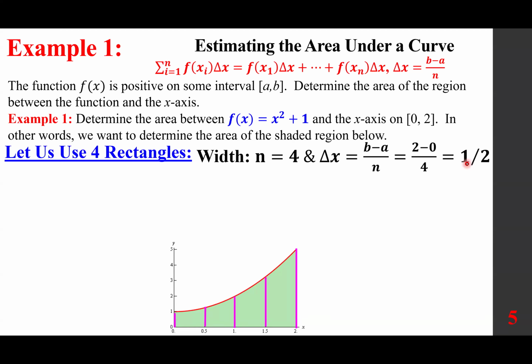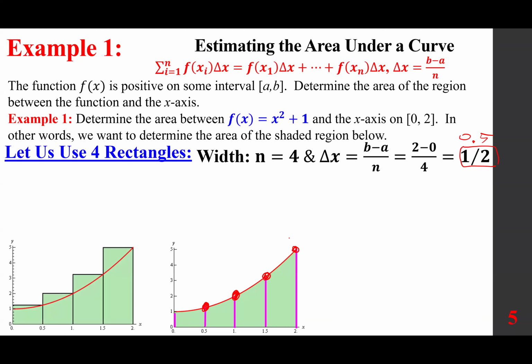The width is fixed at 1/2 or 0.5. So if I want the right end points as the height, everybody, that means f of 0.5, f of 1, f of 1.5, f of 2, they will be the heights.